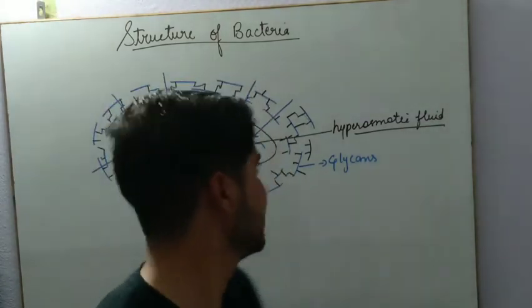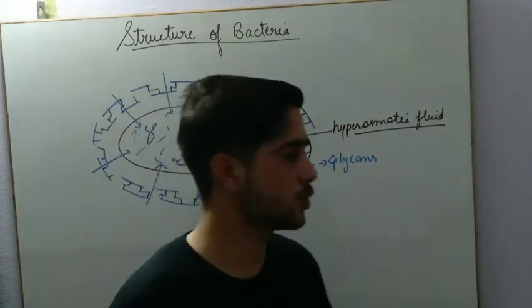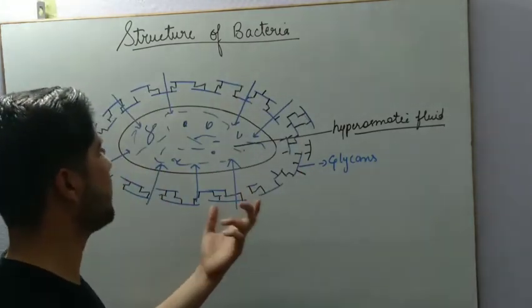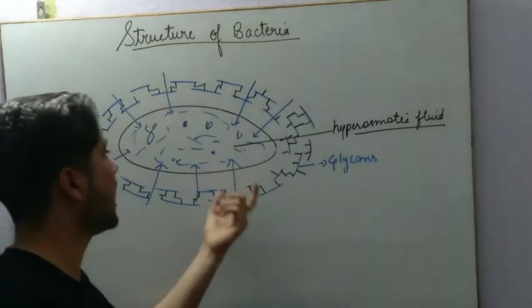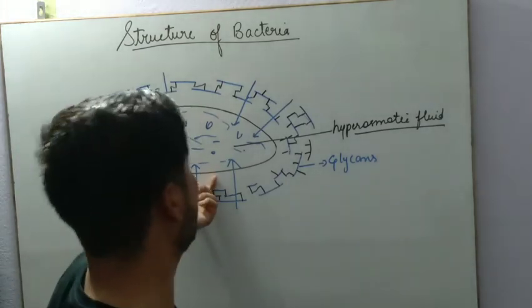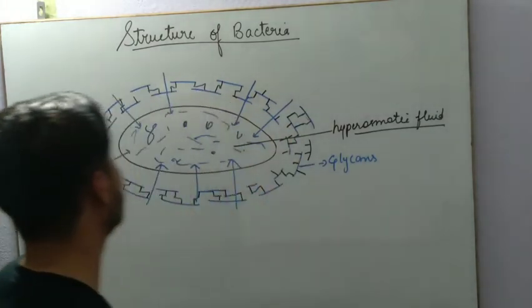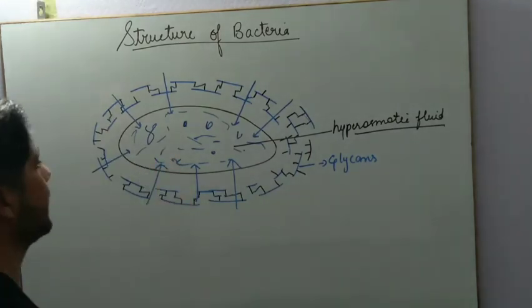Friends, the size of the cell just starts to swell. So the main function of the cell wall is that it does not allow the bacterial cell to swell. It helps to maintain the shape and size of the cell.